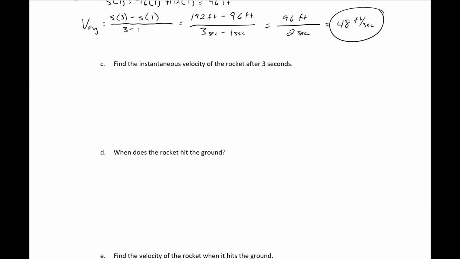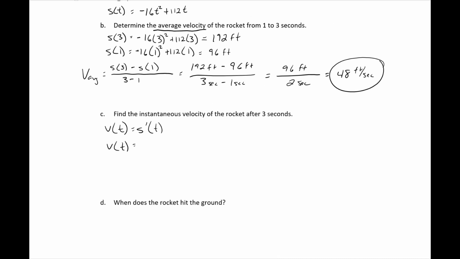Now let's find the instantaneous velocity of the rocket at 3 seconds. Remember, velocity at time t is equal to the derivative of position. So our velocity is the derivative of negative 16t squared plus 112t, which is negative 32t plus 112.